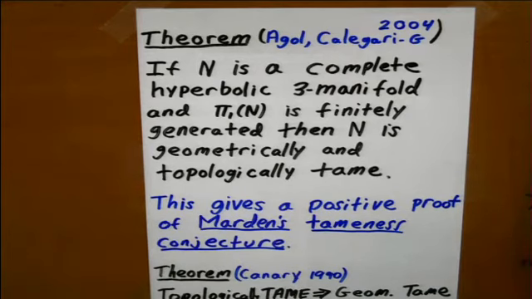Topologically tame, as I said, means that it can be compactified to a compact manifold with boundary. And Dick Canary mentioned what it means to be geometrically tame, and I'll mention that a bit later.